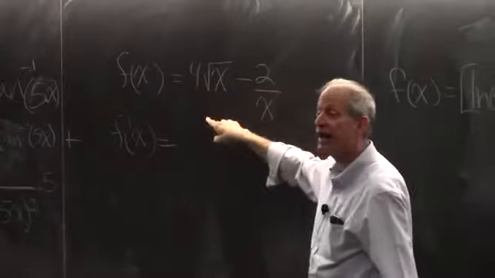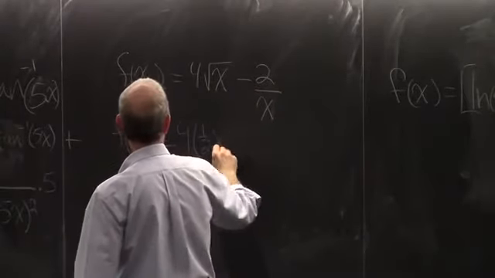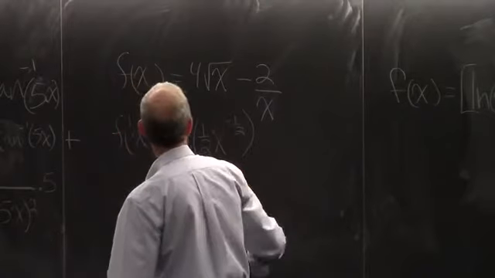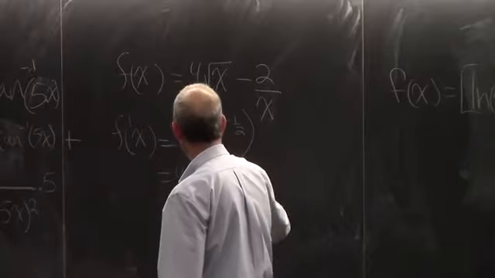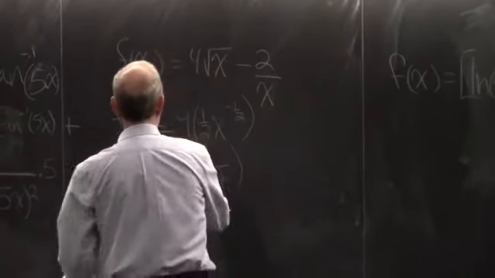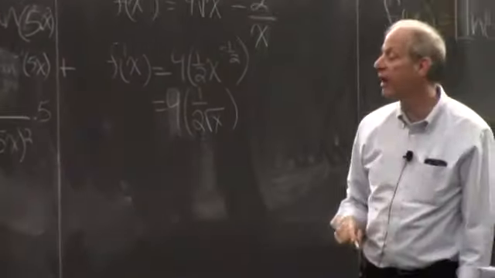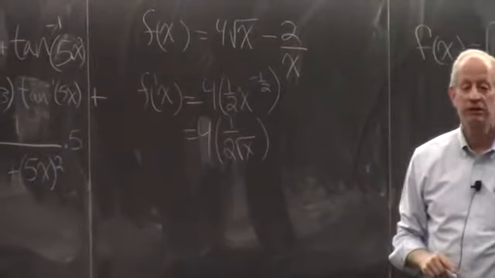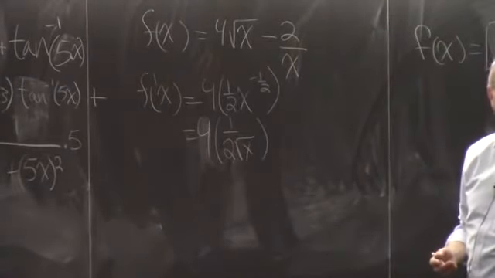What's the derivative of the square root of x? Well, you could write this as 1/2 x to the minus a half. Or you could have memorized that it's 1 over 2 root x. I recommend memorizing that. It makes life easier. And the derivative of 2 over x, you do not use the quotient rule. Many of you use the quotient rule on that, and then you get it wrong.